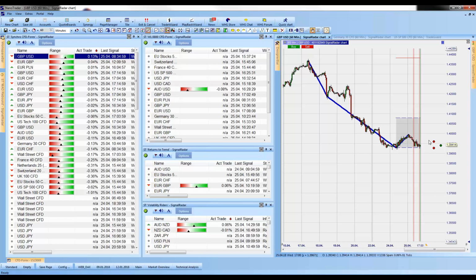The colors or the level at which they are placed will indicate to me, and I could, for example, either look it up in the table or I can just do a quick mouse over and have a look like this. It will tell me the entry level of this trade.